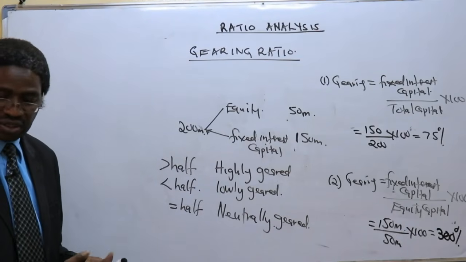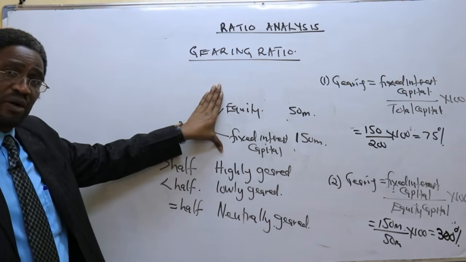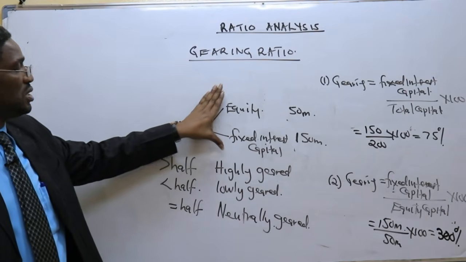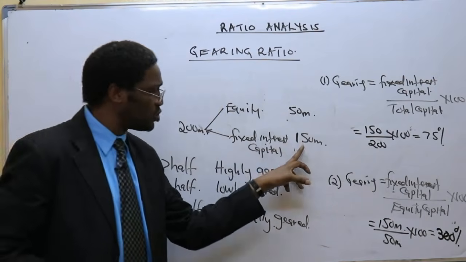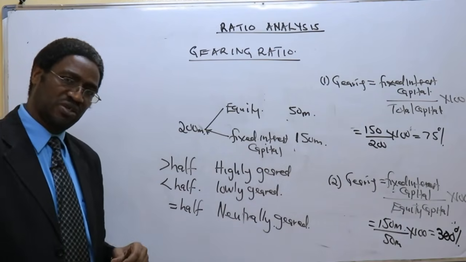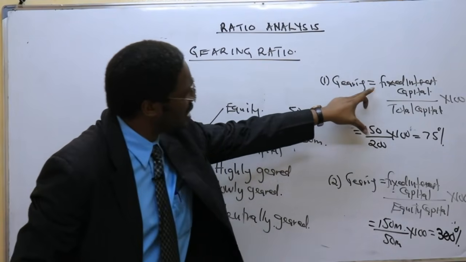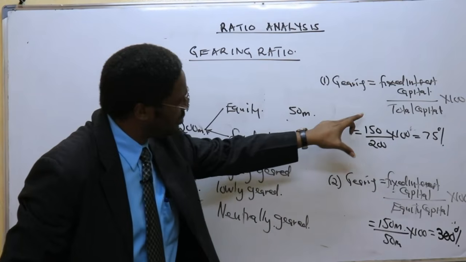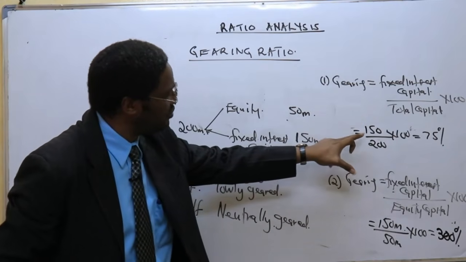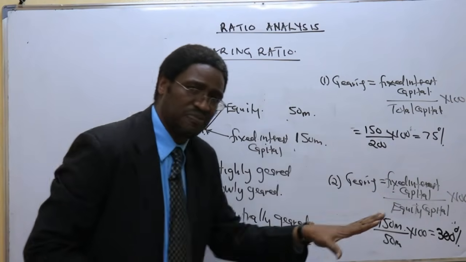Hoping you're following. Same structure. This is the capital structure of the company. The company has a fixed interest capital of 150 and an equity of 50. When I use the first formula, which says fixed interest capital, I divide by total capital. I took the fixed interest 150, I divided by the total capital of 200, I multiply by 100, I get 75%.